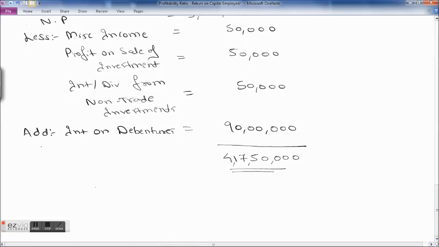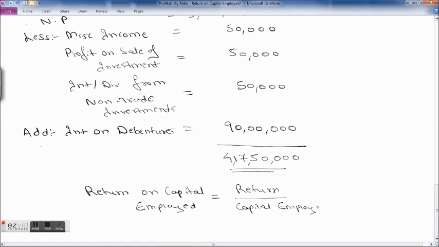Now we'll calculate return on capital employed. Return on capital employed is equal to your return upon capital employed into 100.